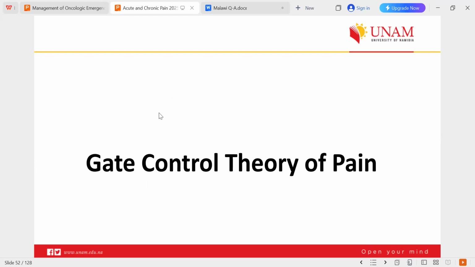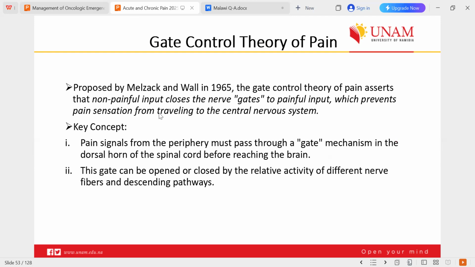Now let's come to this popular theory known as the gate control theory of pain. Now this was proposed as far back as 1965 by Melzack and Wall, all right? And it asserts that non-painful inputs can close the nerve gates to painful inputs, preventing pain sensation from traveling to the central nervous system.